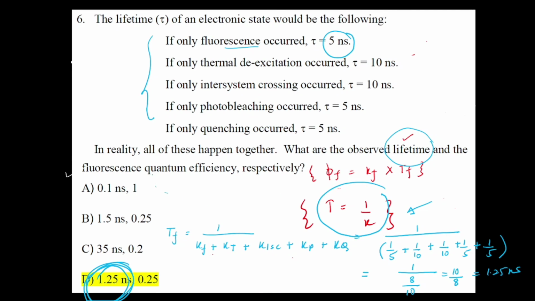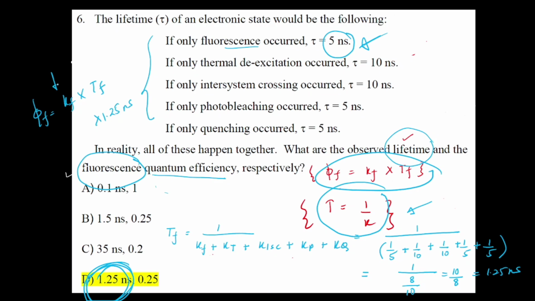And second, you need to figure out the quantum efficiency. Now we have this formula. Quantum efficiency is actually kf into tf, and tf is 1.25 nanoseconds. We just found out this value, 1.25 nanoseconds. And what is kf? Kf is the reciprocal of the lifetime of the fluorescence process, because we are finding out the quantum efficiency of fluorescence.